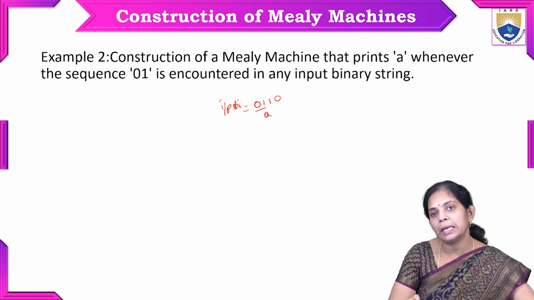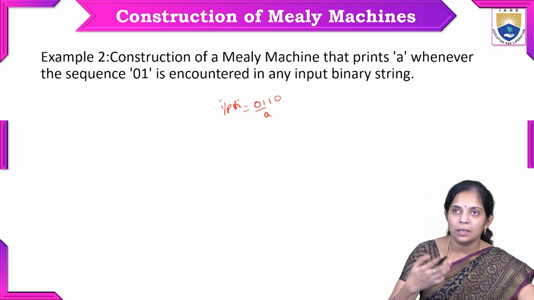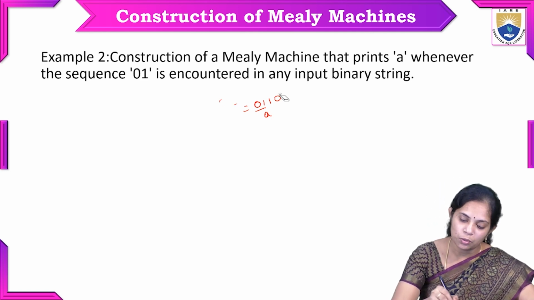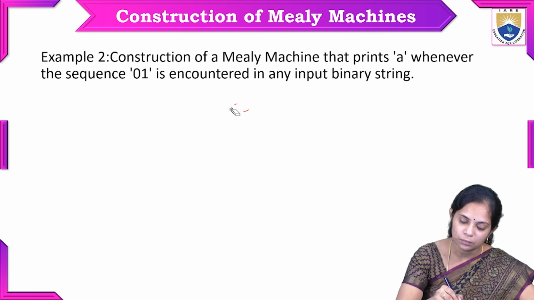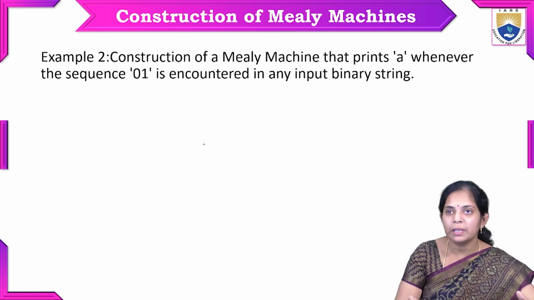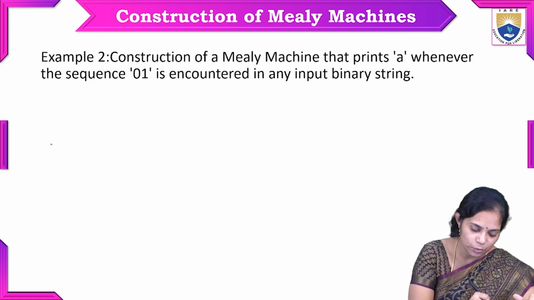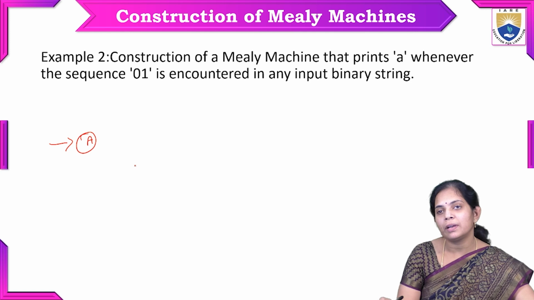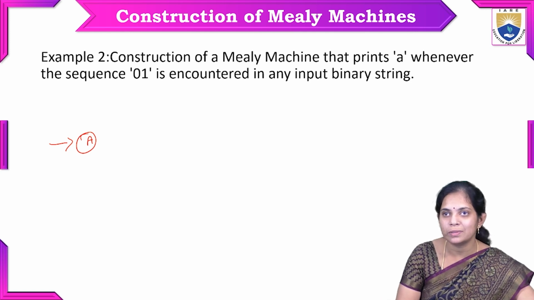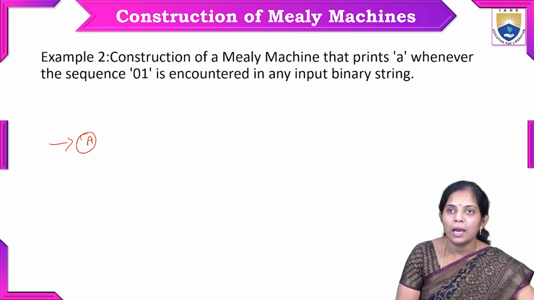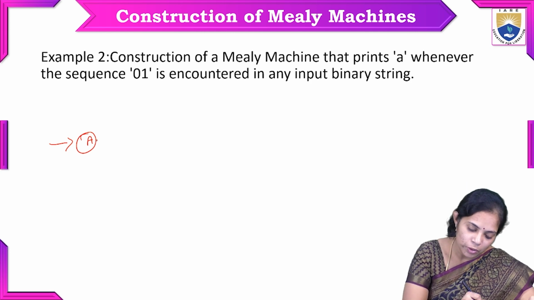Let's construct a Mealy machine for these rules. And here, as usual, we have to draw the starting state of this one. So starting state is A. And let's first define the DFA for the construction of the sequence 01, and later we will draw the Mealy machine for this one.